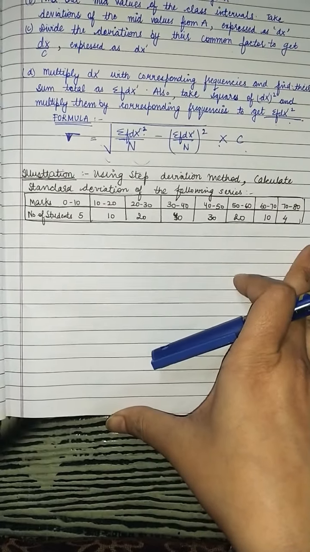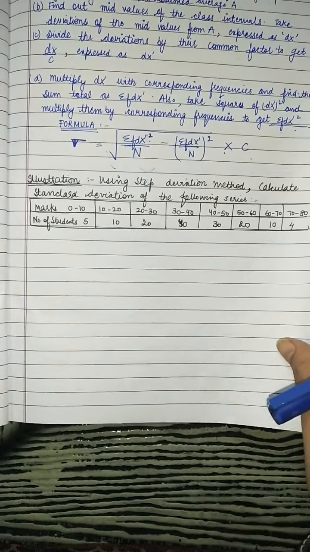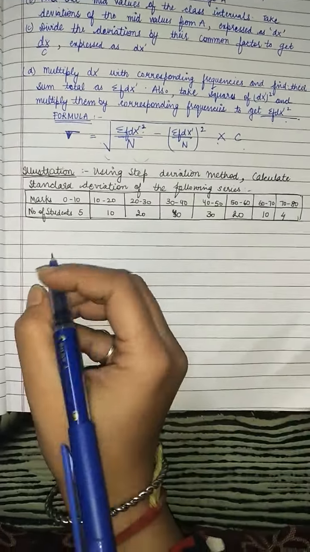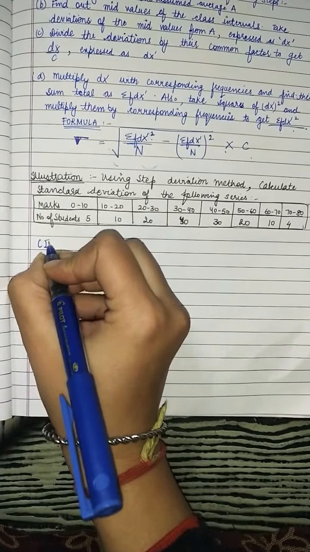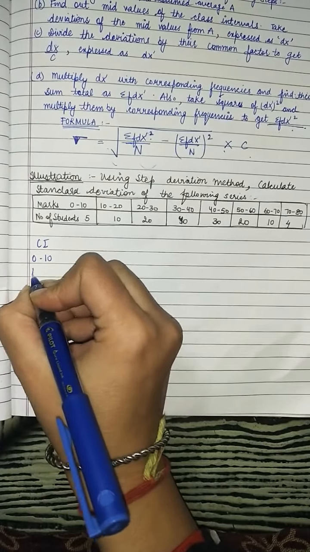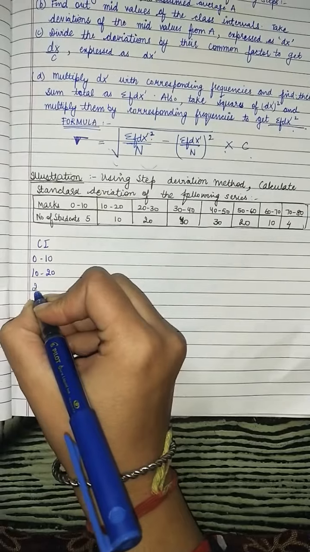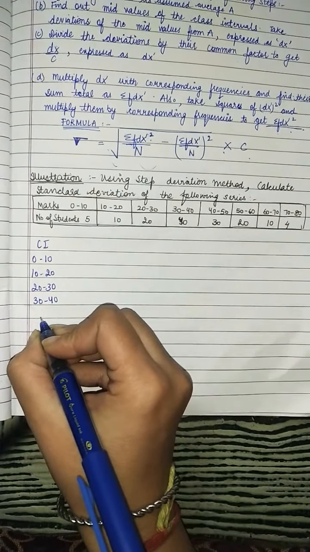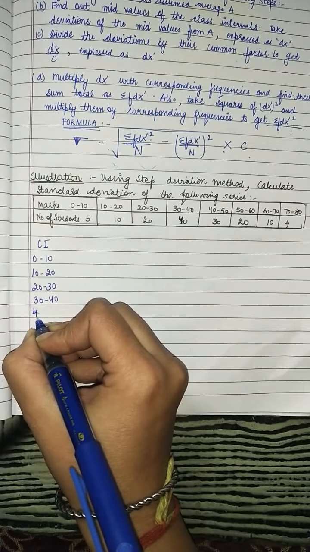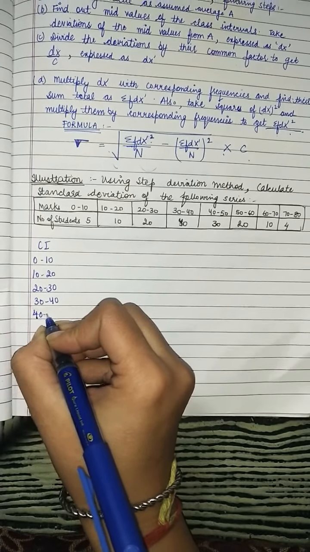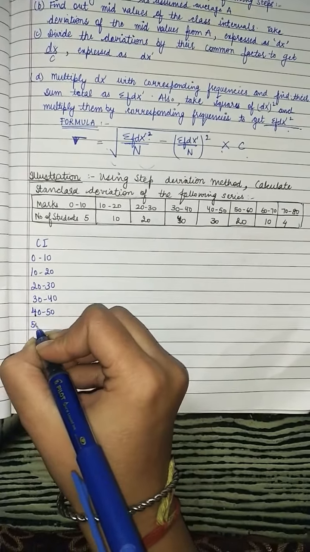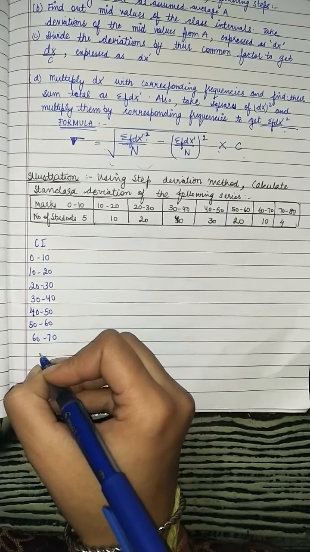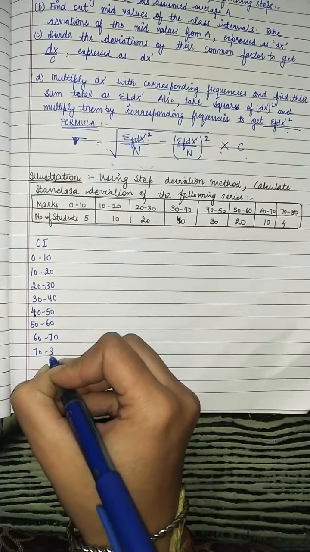So using the step deviation method, calculate the standard deviation of the following series. Just write the class intervals: 0 to 10, 10 to 20, 20 to 30, 30 to 40, 40 to 50, 50 to 60, 60 to 70, 70 to 80.